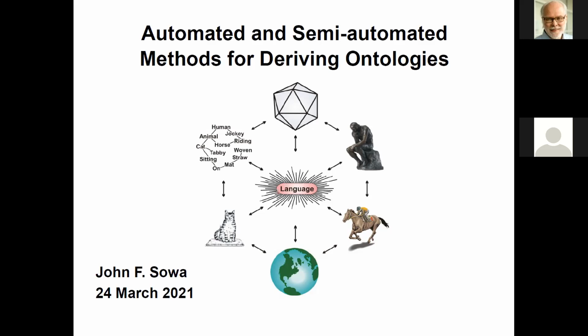And so if we want to develop our ontologies, we have to develop them in such a way that they have a smooth mapping to and from our natural languages. And this diagram in the middle shows how language is related to all of the related parts.